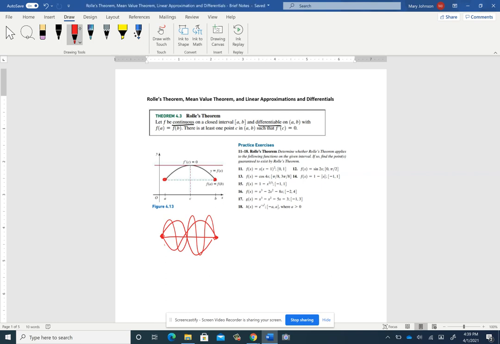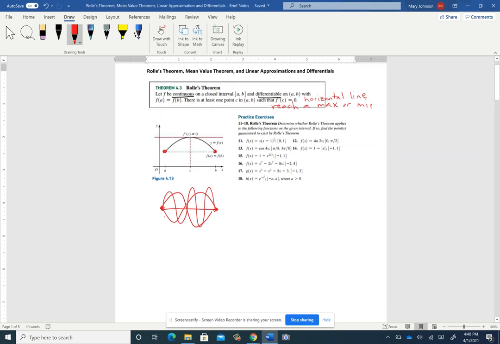So really that's just saying that you're going to reach a max or a min. If f prime of c equals 0, you have a horizontal tangent line at that spot, which means you're going to have a max or a min there, okay? So that's all it really says. It's no big thing. It's just used to prove a lot of the stuff we do later, okay?